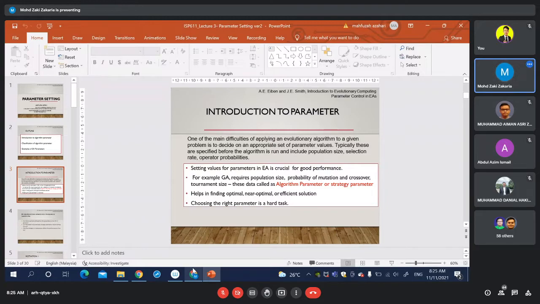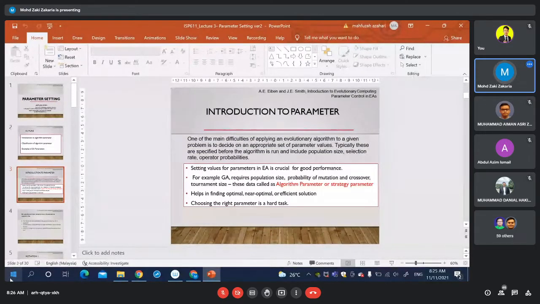We need to repeat the same experiment but with different values of parameter. So we should play around with the number of parameter. Then we should analyze that result, and then based on that result, we can make a conclusion. Which parameter is the best for this problem.